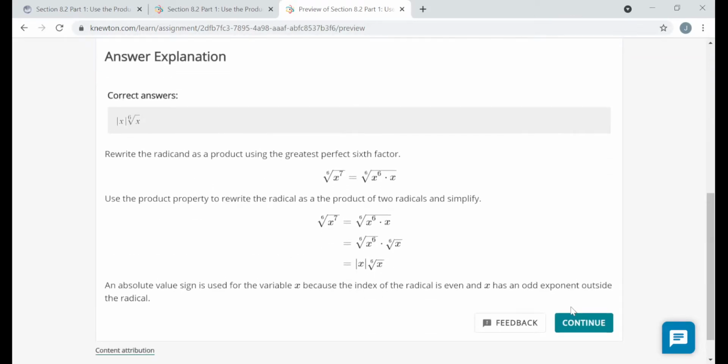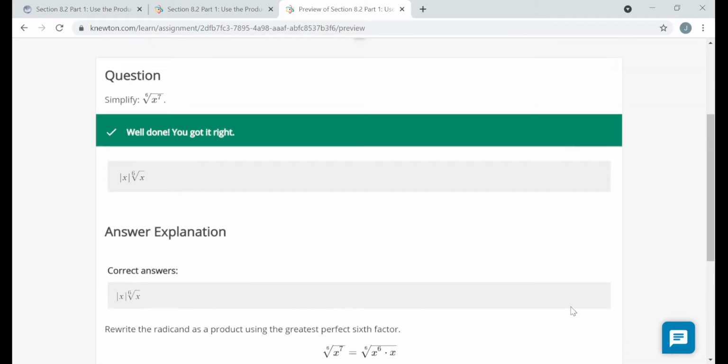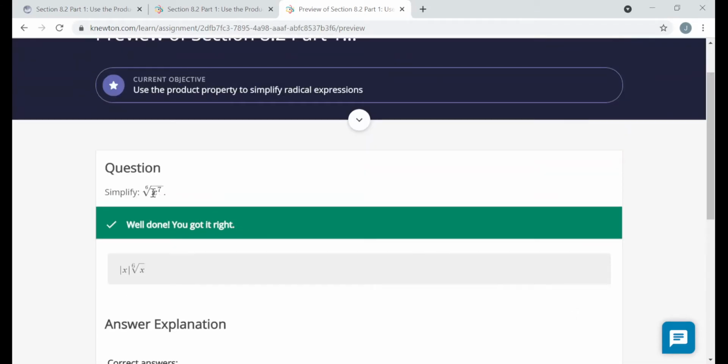All right, now I know every single problem in this video had an even root. Once again, I'll say, please know that you may come across questions with odd roots. So if you had a cube root, you would do the same thing.